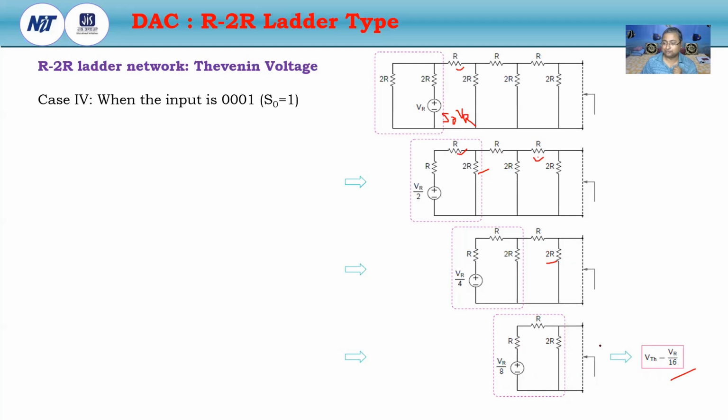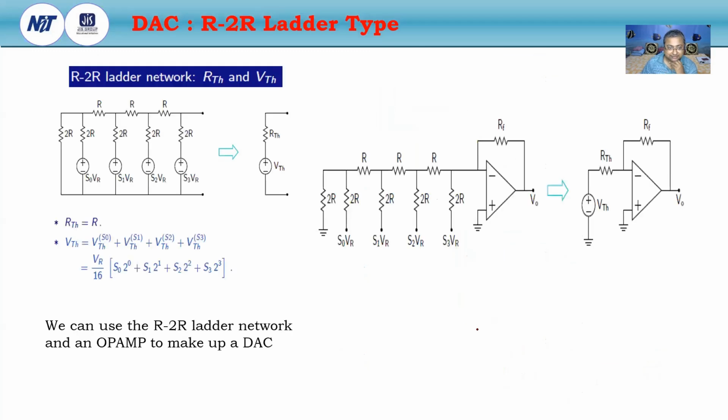So now if we come to the summing amplifier, what is happening? Here this is S0 VR. This is my R2R ladder network. The equivalent circuit is like this, by which you can calculate with the example. Okay, so now what will be the value?